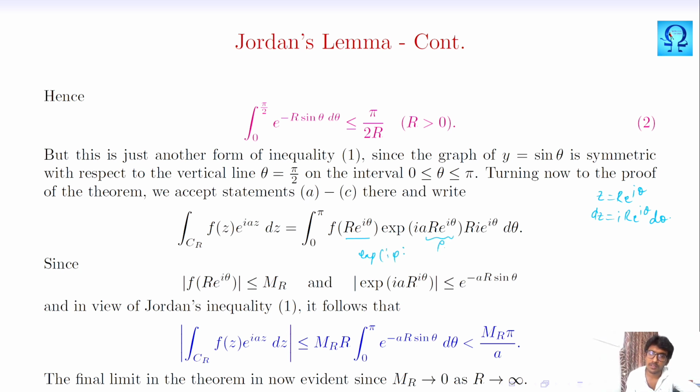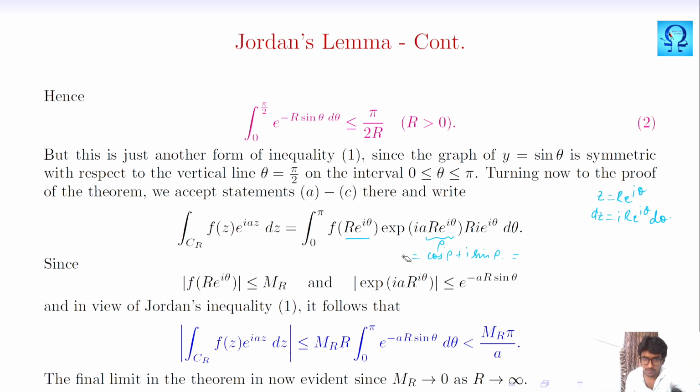So exponential of i rho, which is nothing but cosine rho plus i sine rho. Now we will have to split this again and see. Here also we have some exponential part, so we will have to take into consideration all these things.